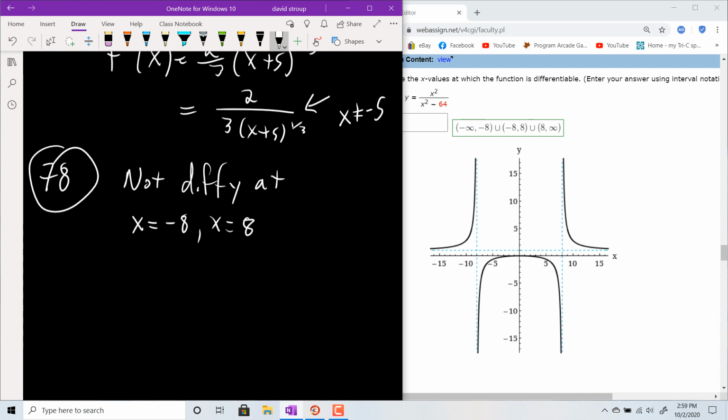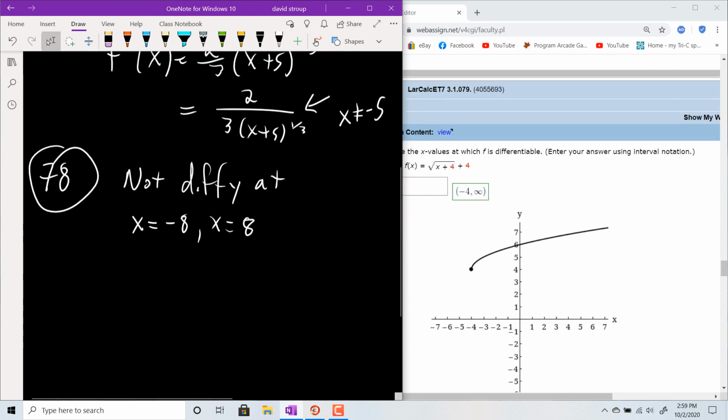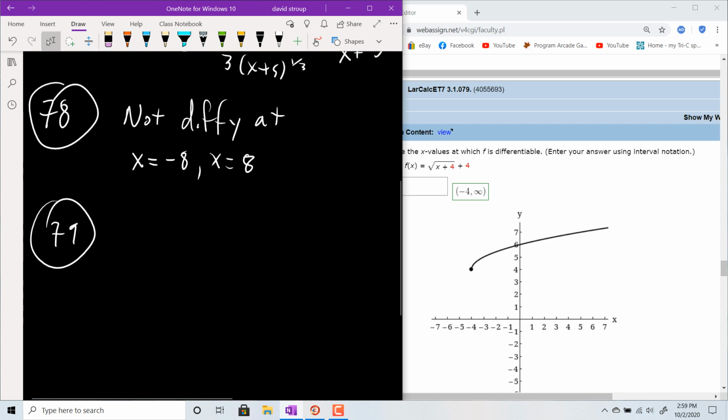Okay, let's get another one. This one's a little weirder, number 79. You may think that it should be differentiable at -4, but if you think in terms of left and right derivatives, there's no derivative coming in from the left, and the left and right derivatives have to be the same. Furthermore, I believe the tangent line goes vertical at this point.